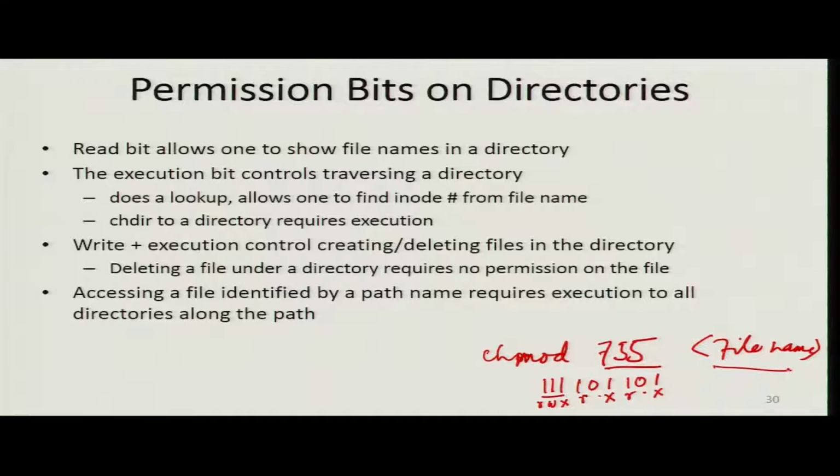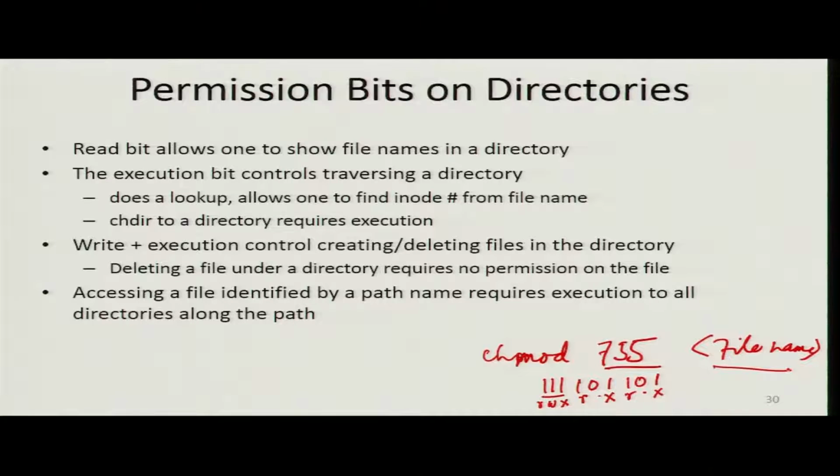Same thing can be done with the directories. Now, the important thing to know here is that the execution bit controls traversing the directory. If you want to go from one directory to its subdirectory, the subdirectory must have the execution bit set. If I am the owner, then the execution bit for the owner should be set.